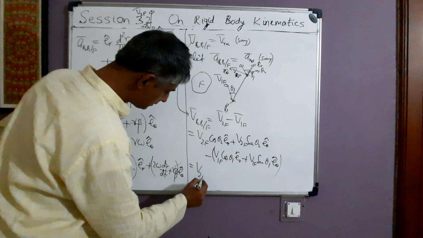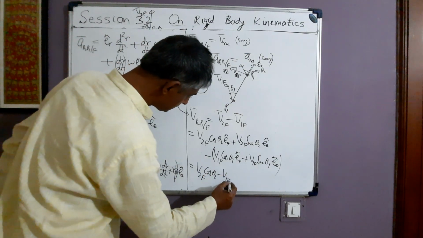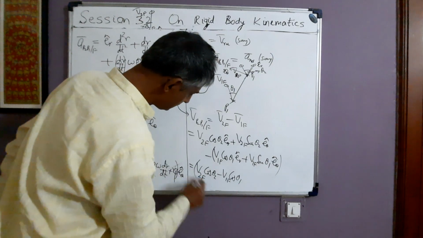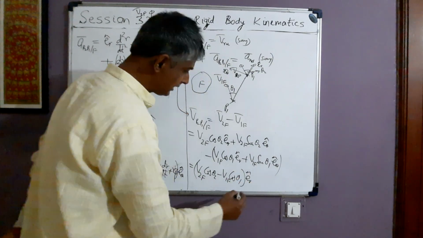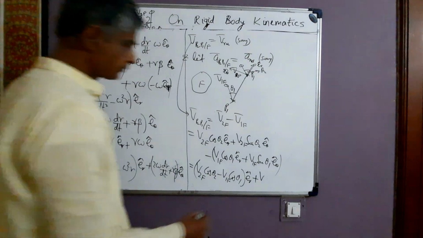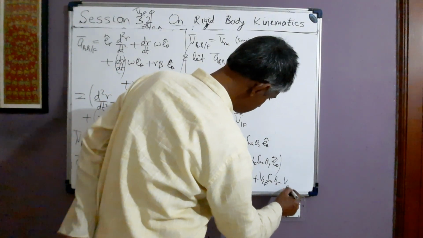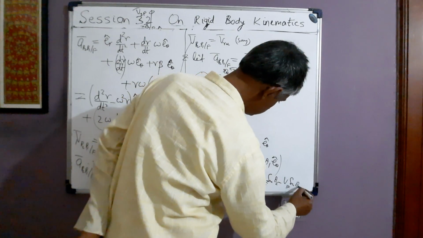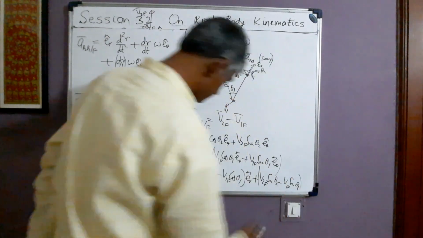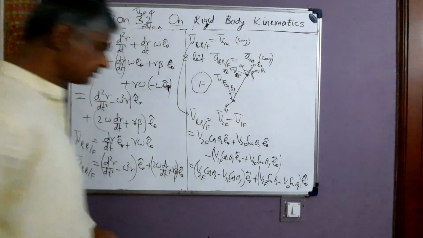This becomes V2F cos theta 2 minus V1F cos theta 1 into ER hat plus V2F sin theta 2 minus V1F sin theta 1 into E theta hat.